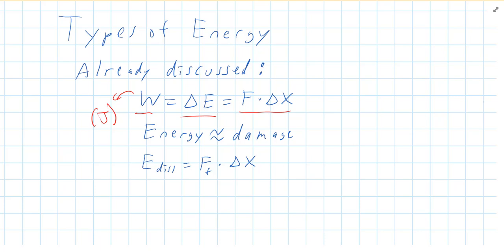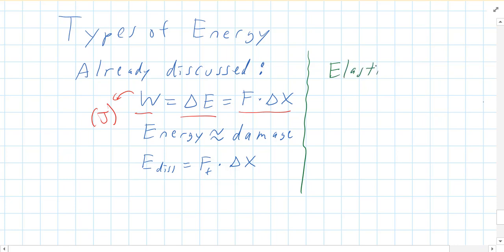Okay. Now, the other type of energy that we have already discussed is elastic potential energy, and I'll put that over here. And that is E, a little e, and that's the energy that a spring or rubber band has when it's stretched or compressed, and that is 1/2 kx squared.